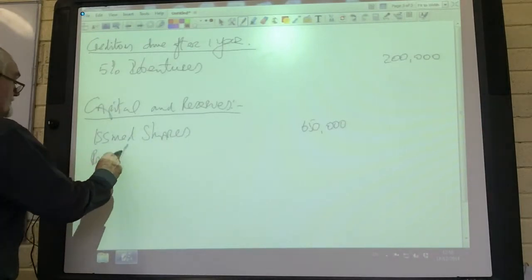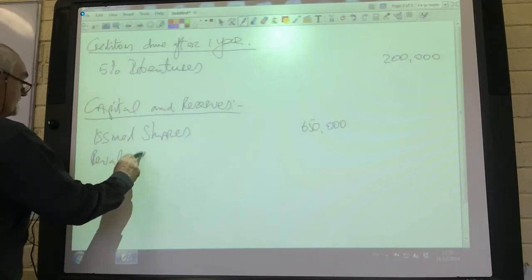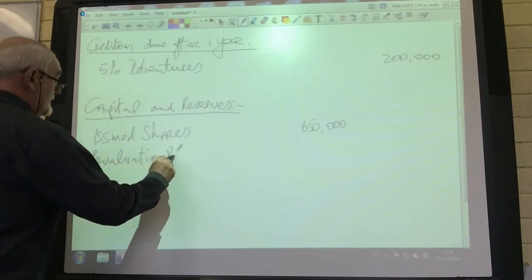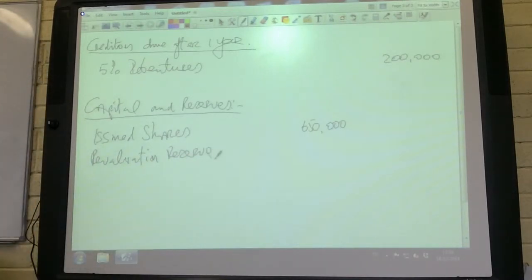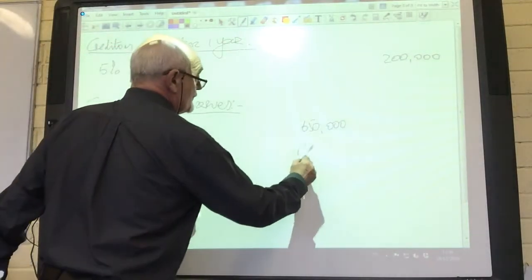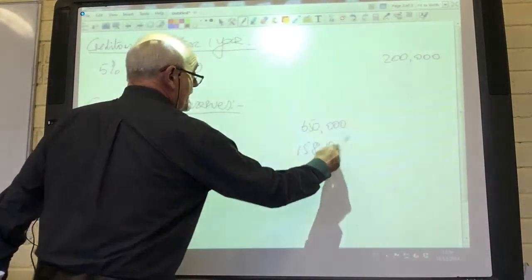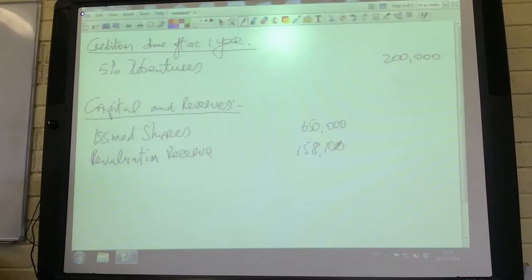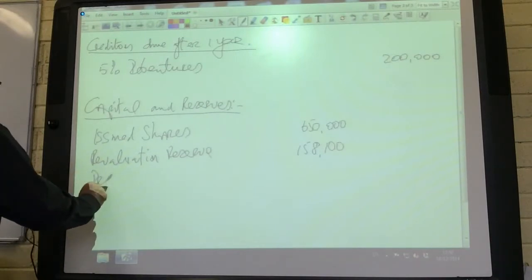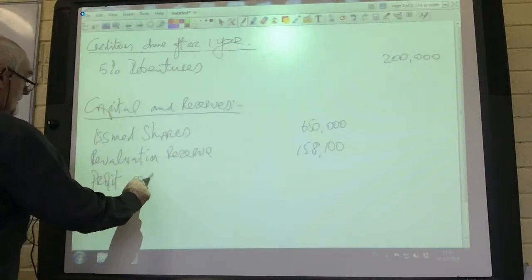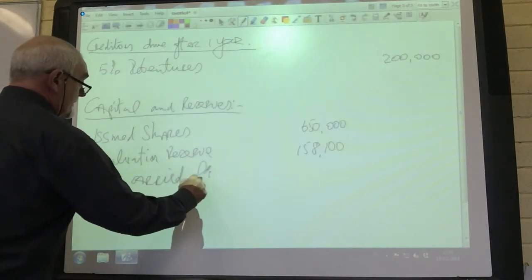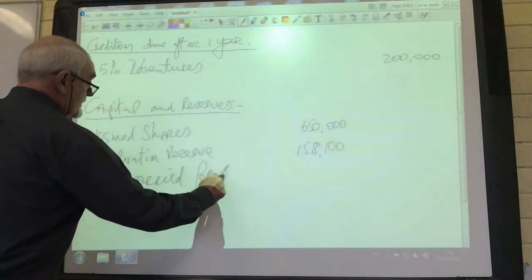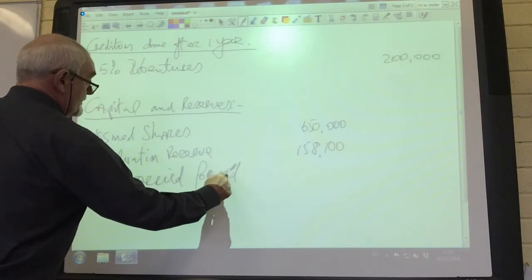And then we have our reserves. We've got the revaluation reserve. That was the surplus we made on revaluing our premises. And that amounts to 158,100. And we've got the profit carried forward. That's the P&L balance at the end of the year.